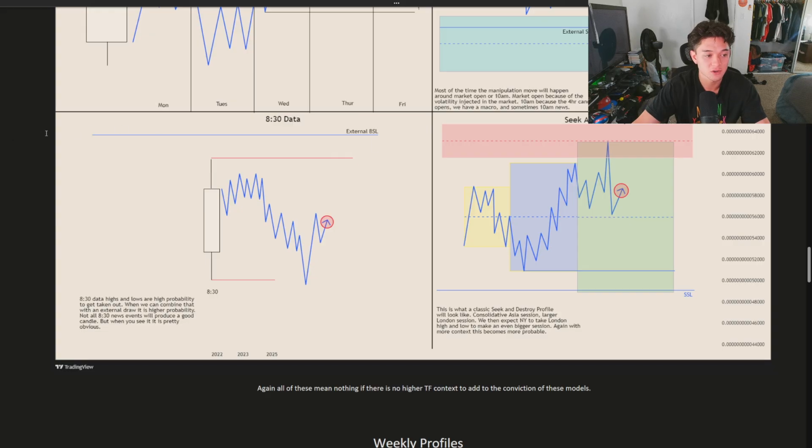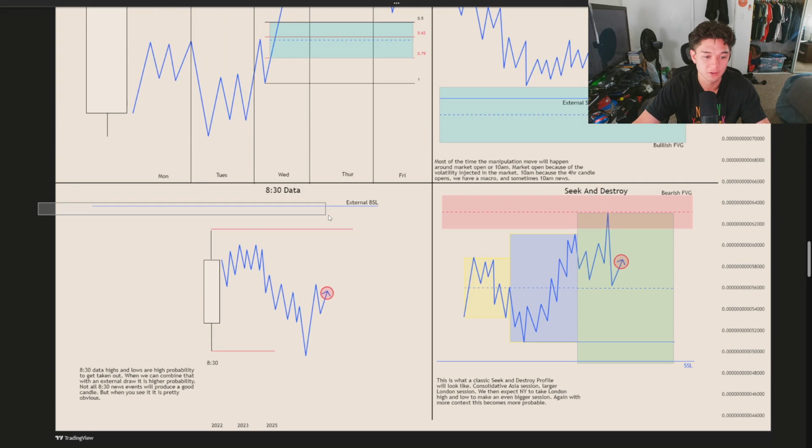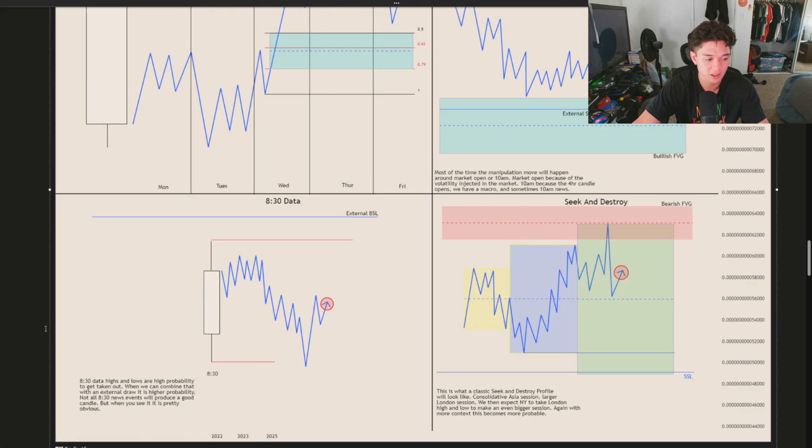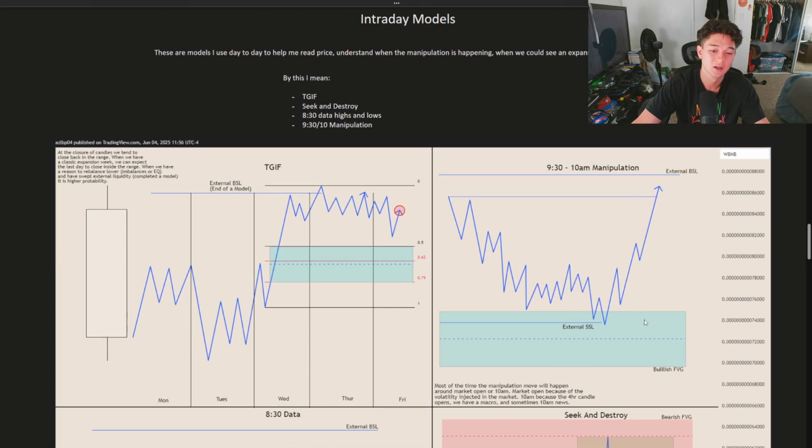And if that's also in relation to the higher time frame, say we have buy side up here, there's a reason to go higher, this becomes even more high confluence for me. We took out data lows, we have data highs, we have external buy side liquidity. Maybe we came into a fair value gap in here as well. That's what I'm looking for.